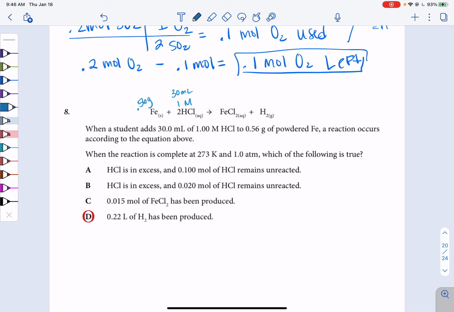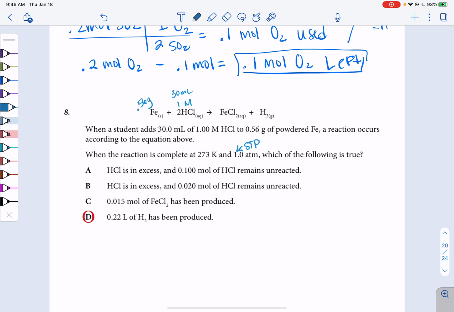When the reaction is complete at 273 K and 1 atmosphere, you should notice that this right here is STP, which means you can use 1 mole of gas is equal to 22.4 liters. Which of the following is true?